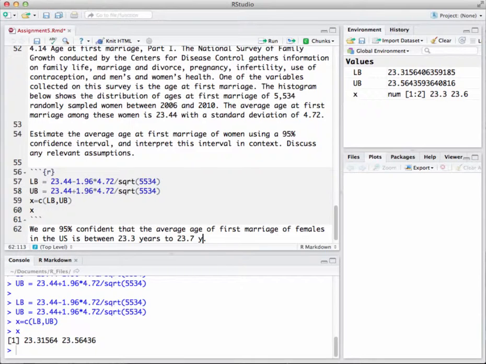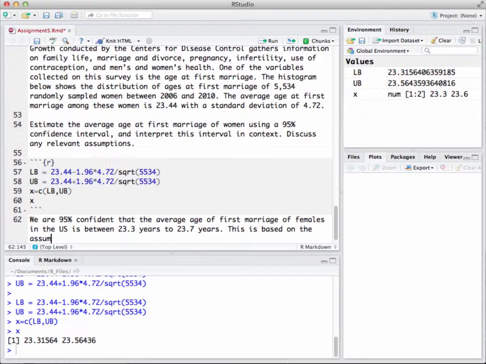And they asked us to talk about any relevant assumptions that we made here. Well, we're assuming that the CLT works. And what are the assumptions of the CLT? Well, one of the things is that we need independence.